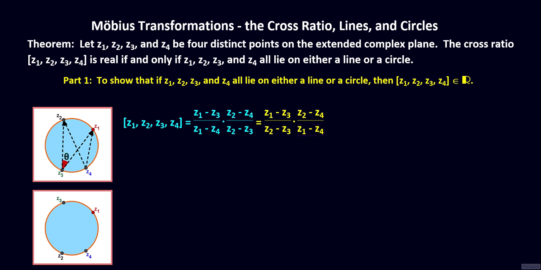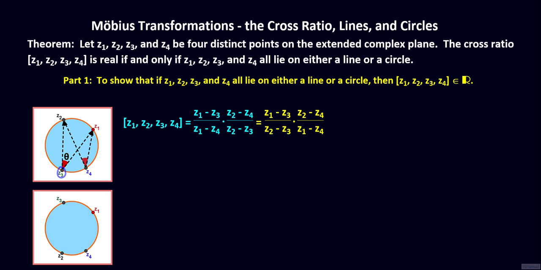Let theta be the smallest non-negative angle formed by the vectors z sub 1 minus z sub 3 and z sub 2 minus z sub 3. This angle is called an inscribed angle within the circle and is formed by 2 chords of the circle where the 2 chords intersect at a common endpoint. In this case, the common endpoint is the vertex of the angle, and the vertex is z sub 3.